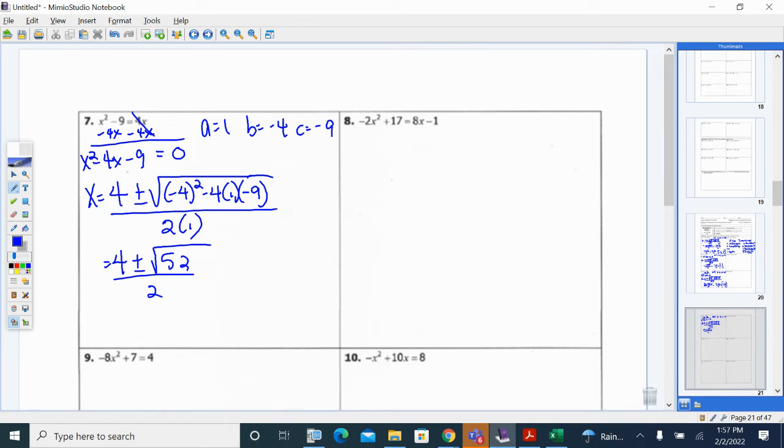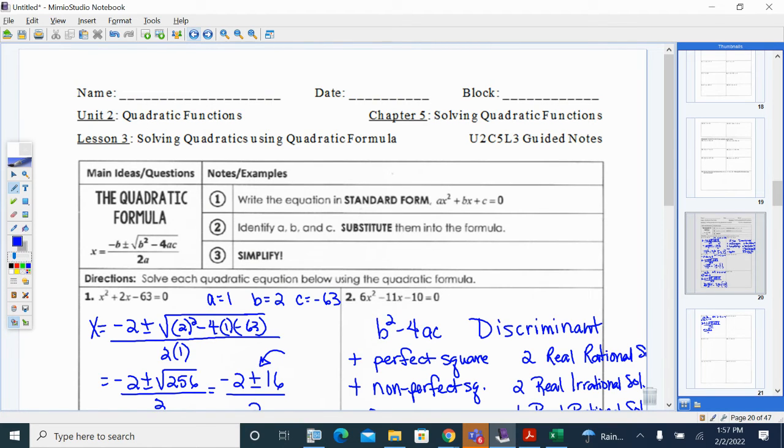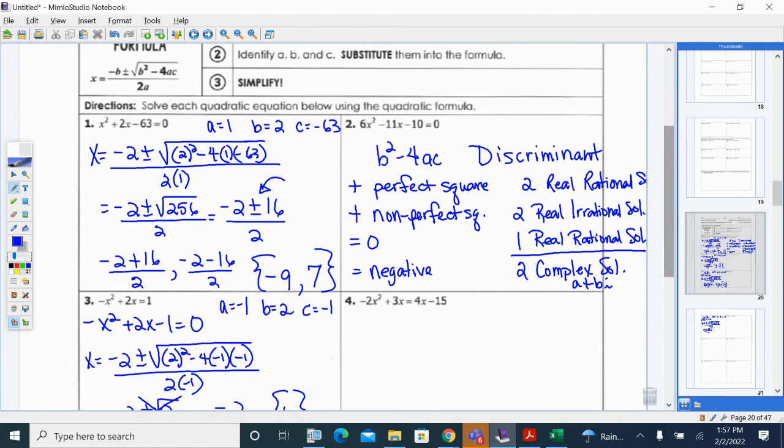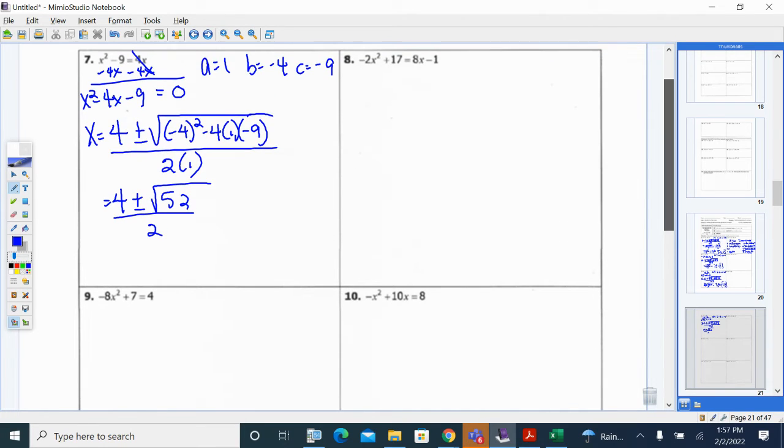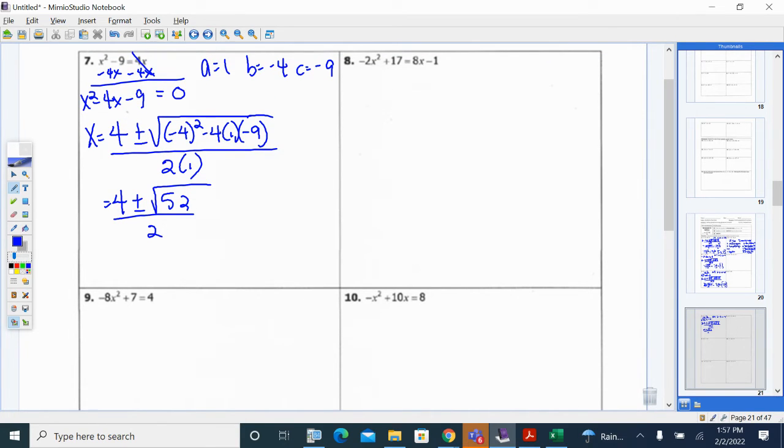It's positive, so my answers are real, but is 52 a perfect square? No, it is not. So what that tells me, if we go back to my notes on that, when it's a non-perfect square, I'm going to have 2 real solutions, but they are going to be irrational. Now, irrational solutions are going to have a radical left in your answer. So what we have to do at this point is simplify the square root of 52.